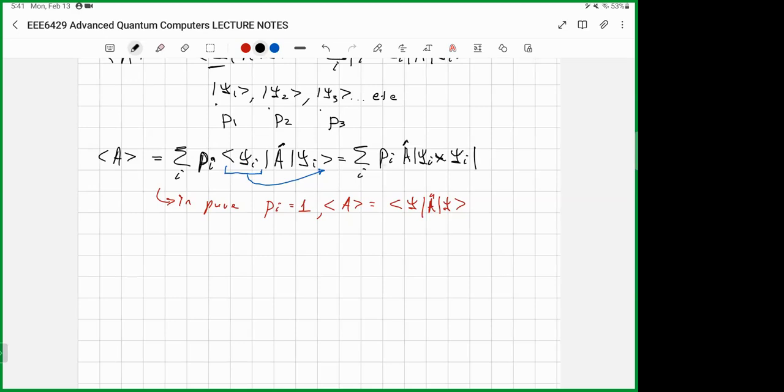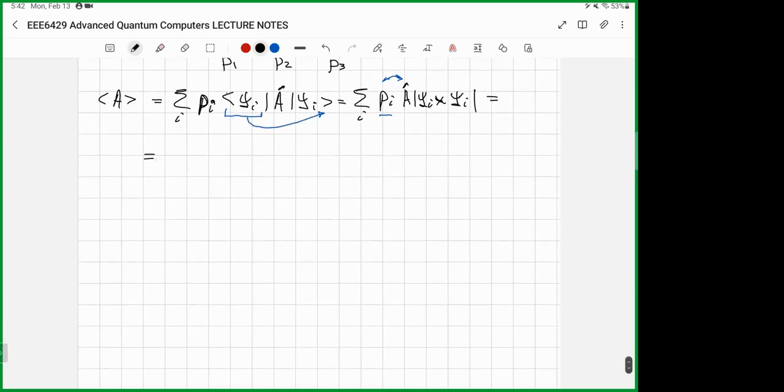And now, since these p_i's are just constants, we can exchange the position of p_i and the operator A. So I will get the following: operator A, the sum, and then p_i, psi I, psi I, like this.